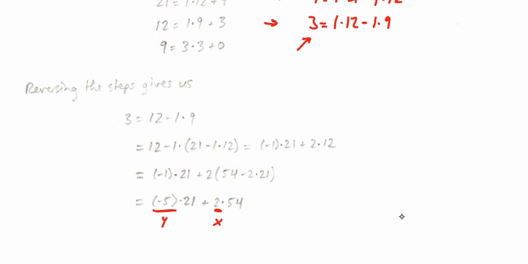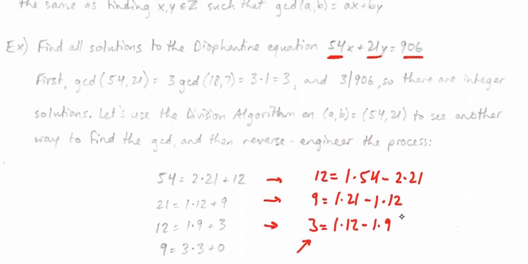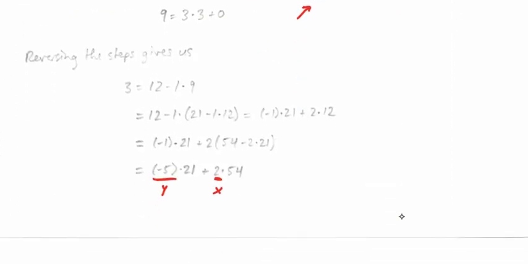What we did here was find two whole numbers such that I can write the linear combination of 54 and 21 as the GCD. But what we want to solve in our equation is to find the particular x and y values that make 54 times x plus 21y equal to 906, not necessarily our GCD.